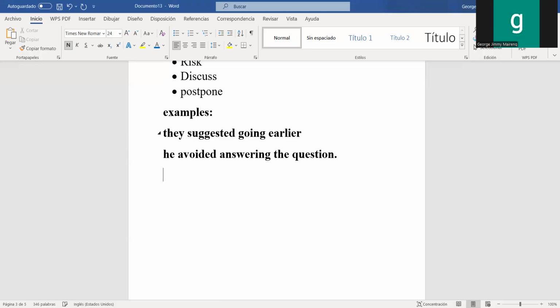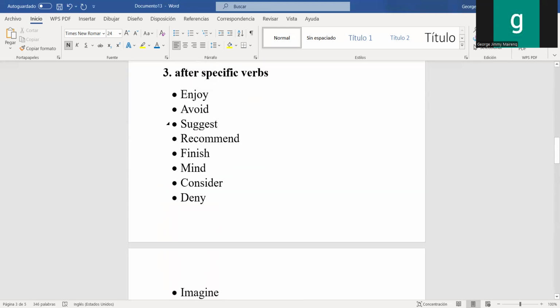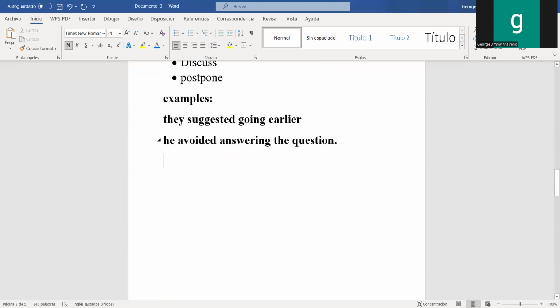Also, there is another rule that says that we can use the gerund. Let's see, this is number four. We can use the gerund after some phrasal verbs. But remember, folks, that a phrasal verb is a combination of a single verb and a preposition.